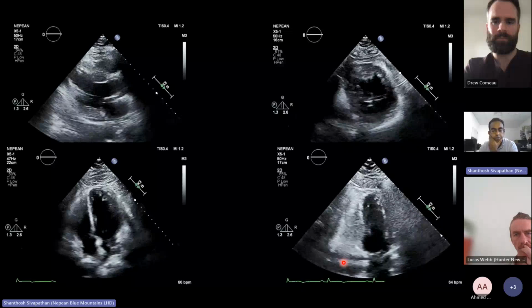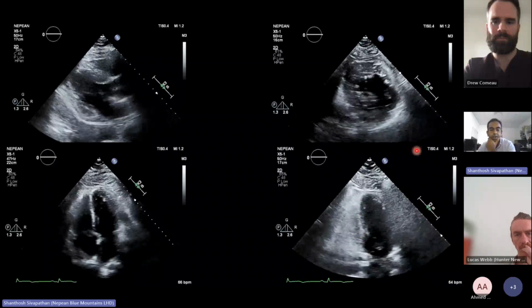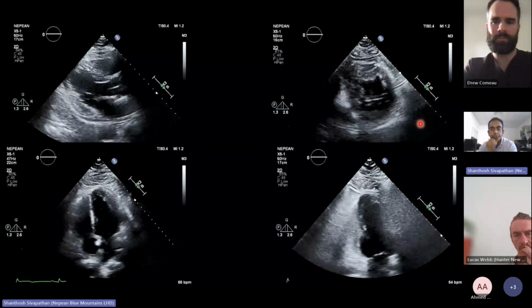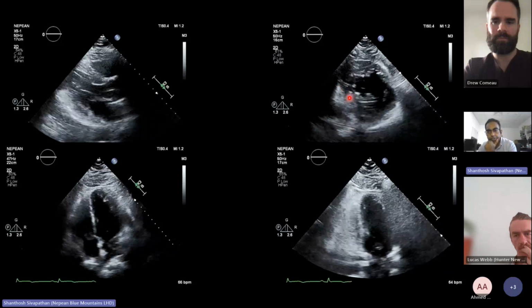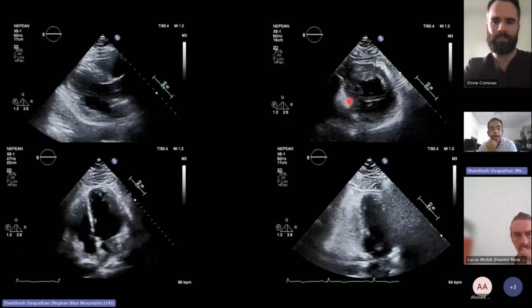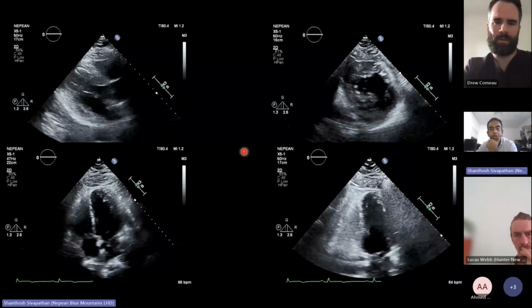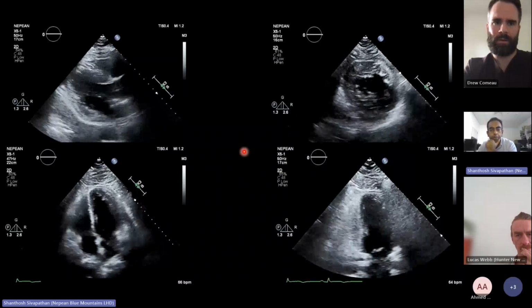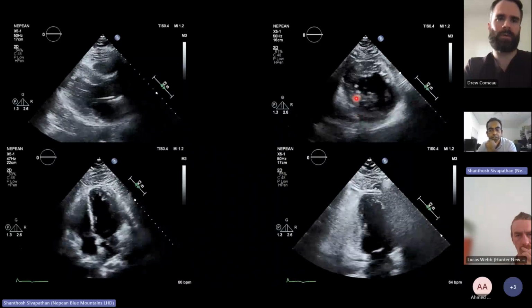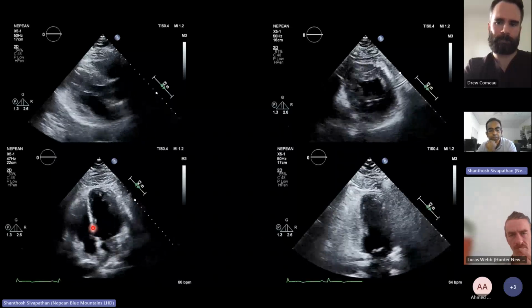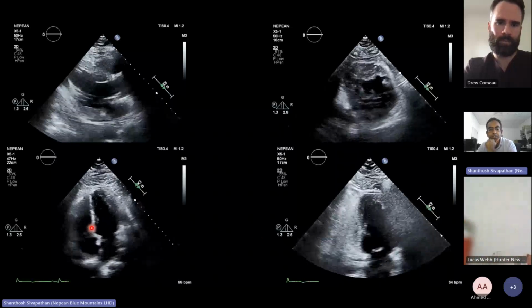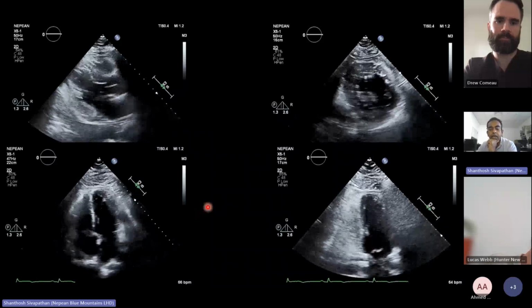And I agree that this is most likely the inferior segments that are hypokinetic, and it's also obvious in the short axis, where it's not really contracting as well. It can be the circumflex. I guess it depends on the dominance, but predominantly this region is supplied by the right coronary artery. And again, you can see that the basal septal wall is not contracting as well as you'd like.